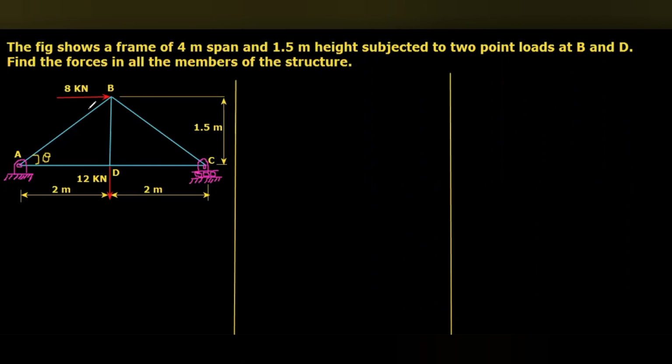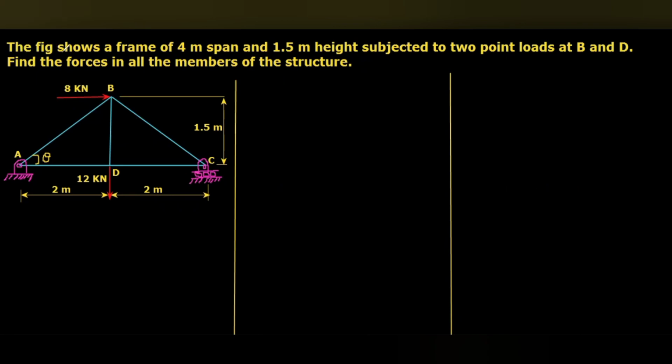If you want to see that video for reference, you can go to the description box. There will be the link in which the same numerical was solved by using method of joints that you can see. So here, this numerical we are going to solve by using method of sections.